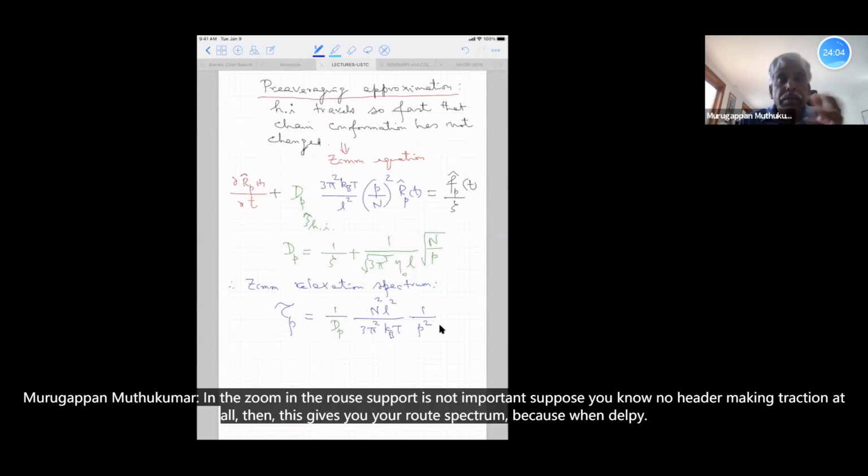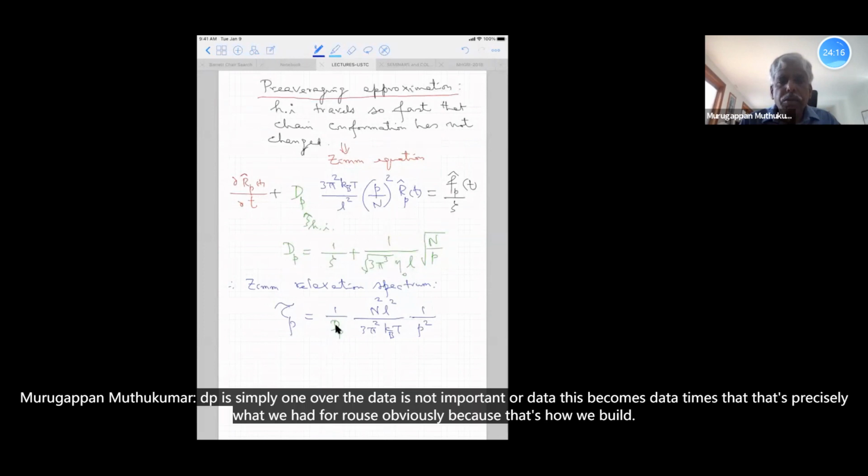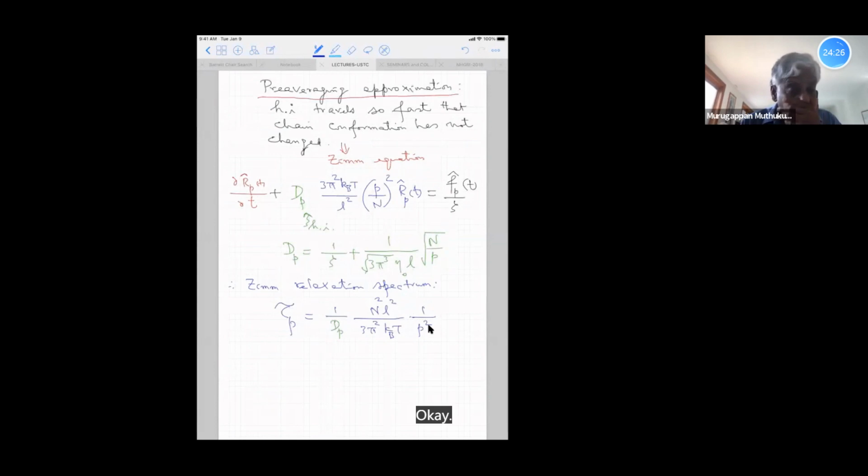In the Zimm. In the Rouse, suppose this is not important, suppose there is no hydrodynamic interaction at all, then this gives you your Rouse spectrum, because when dP is simply 1 over zeta, this becomes zeta times that. That's precisely what we had for Rouse, obviously, because that's how we built the theory here, okay?